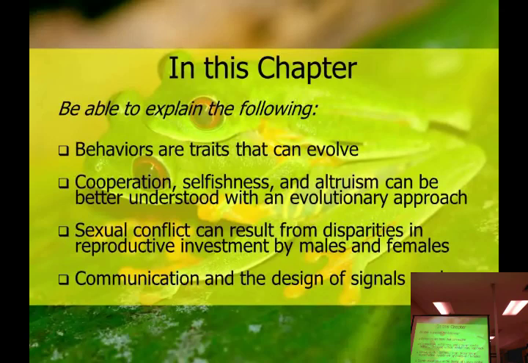Then sexual conflict can result from disparities in reproductive investment by males and females. So disparities basically means differences in reproductive investment. Remember how I told you that the egg is always the bigger of the gametes? And so the female puts a lot more time and energy and resources into making that great big egg than the male puts into making his hundreds of thousands of tiny little sperm.